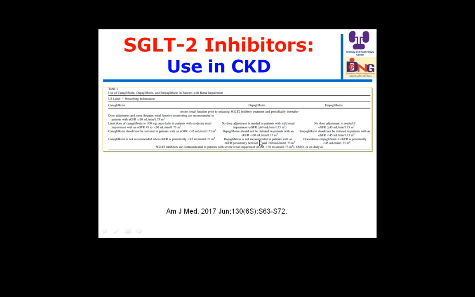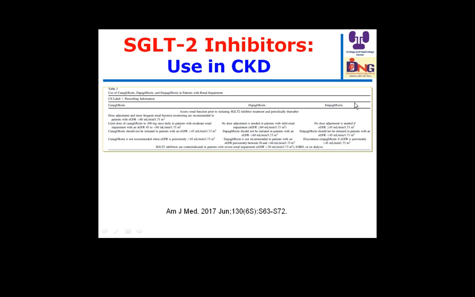DAPA shouldn't be initiated if estimated GFR is less than 60. DAPA is not recommended in patients with an estimated GFR persistently between 30 and 60 ml per minute. Again, it shouldn't be given if the estimated GFR is less than 30 because it is contraindicated.